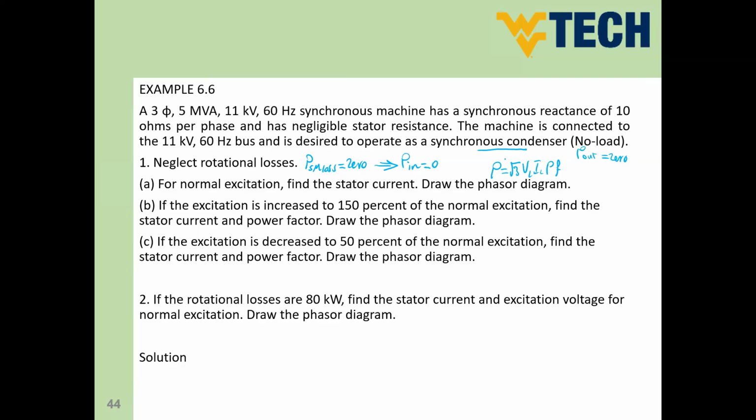We mentioned that this power equals zero, and power factor is unity. The line volt is impossible to be zero, it's already given here, 11 kilovolt. So the only variable that can be zero in this case is the line current. So if the machine is normal excitation in case of synchronous condenser and we neglected all losses, this means the armature current equals zero.